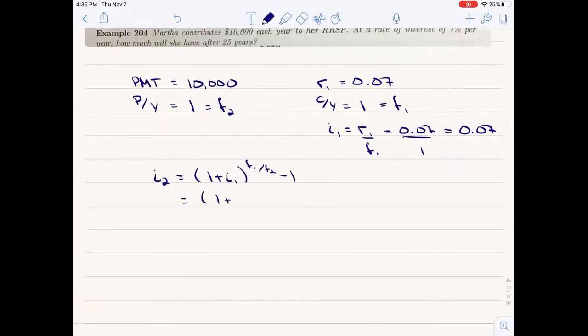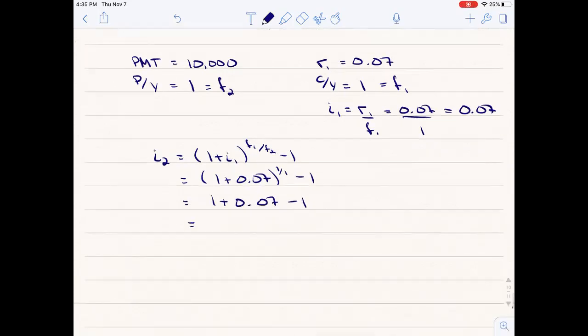I2 is (1 plus 0.07) to the power of 1 over 1, minus 1, which is 1 plus 0.07 minus 1. So I2 is also 0.07. No harm in doing that. It's just a tiny bit of extra work, but at least you're playing it safe. If you just start by calculating I2, this is the I that you're going to use in your calculations.